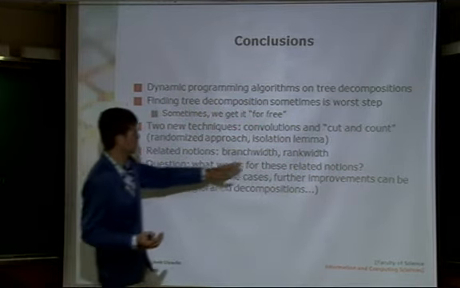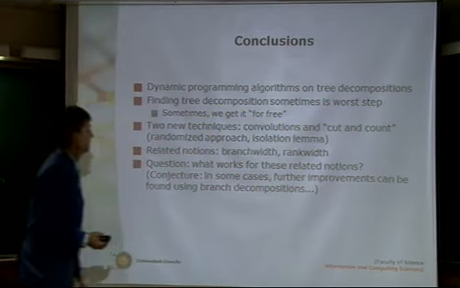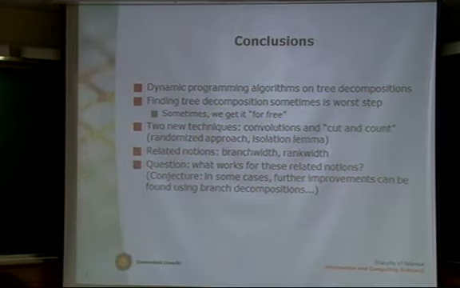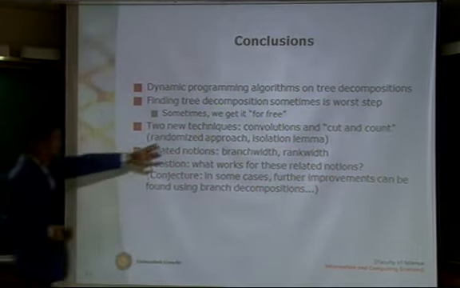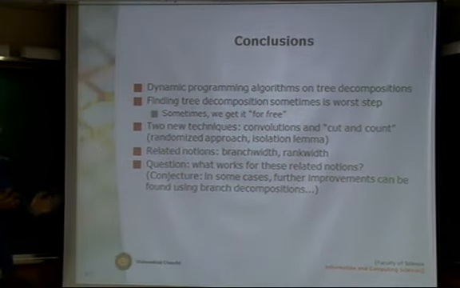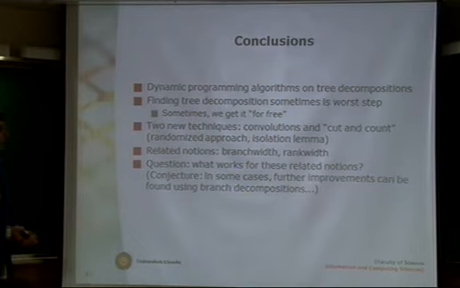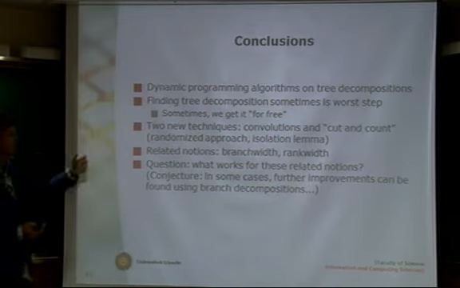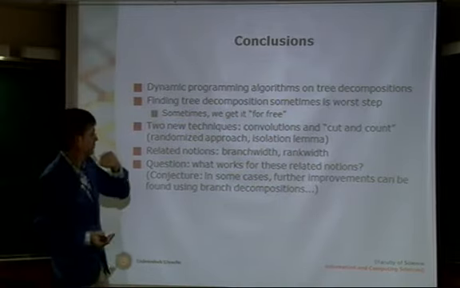Or actually we use clique width in that paper. The convolution technique you can generalize, and so far, because the work is very new, people did not look yet at the cut and count technique for these related notions.